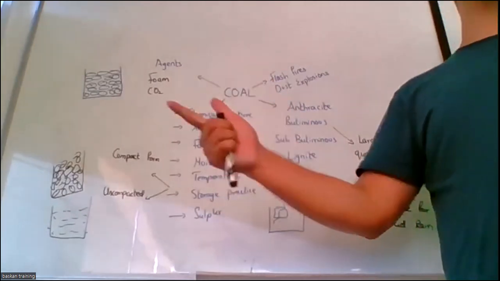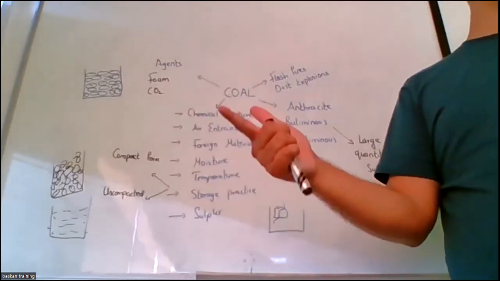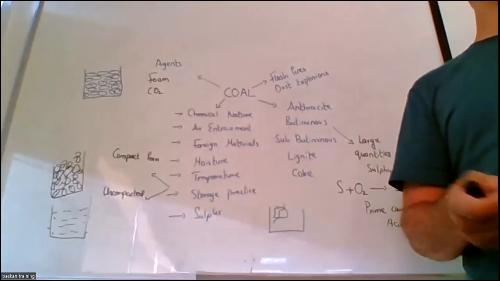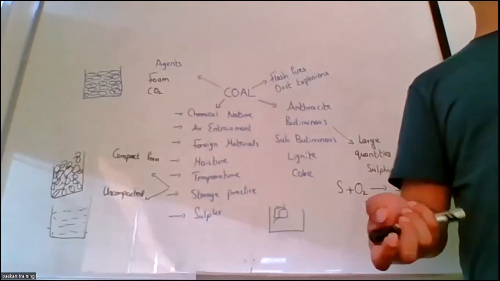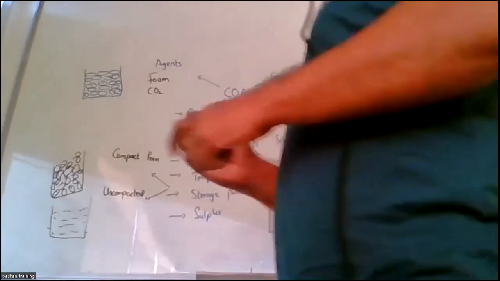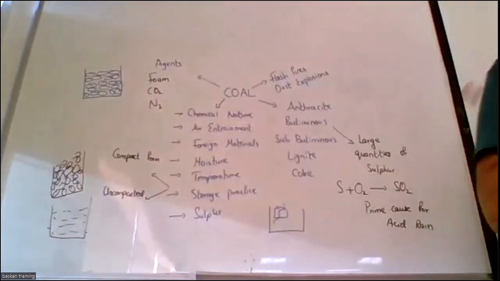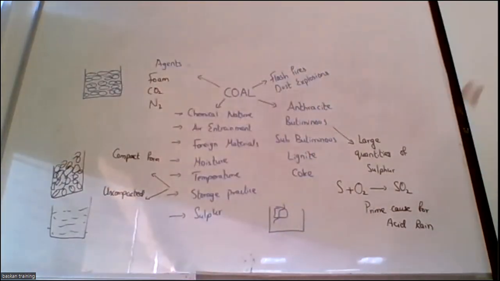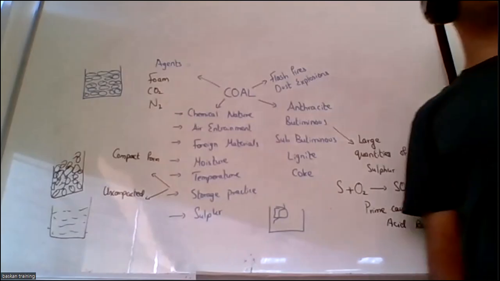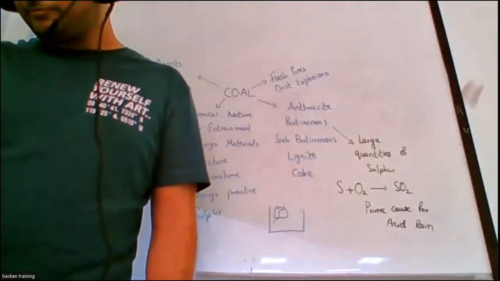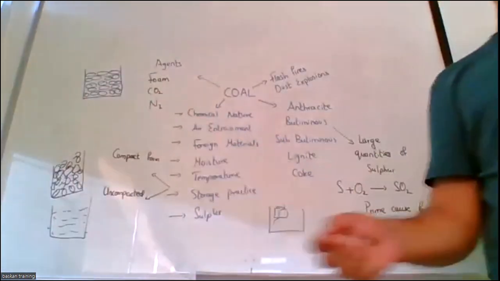So oxygen and heat, these two are required to be removed. Foam systems do that. Carbon dioxide vapor does that. And nitrogen also does that. Nitrogen is a cold gas. It can absorb heat and provide a cooling effect. It displaces oxygen because its availability is 79% in the atmosphere, so it can easily displace oxygen. So these are the three effective agents that can be used.